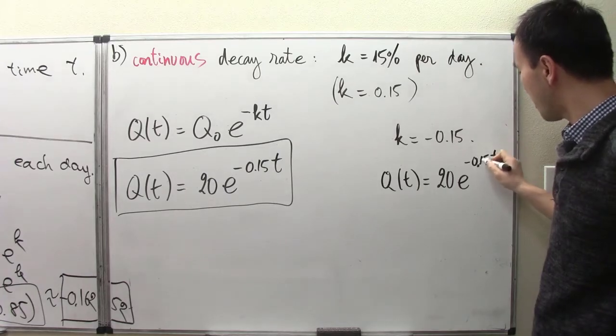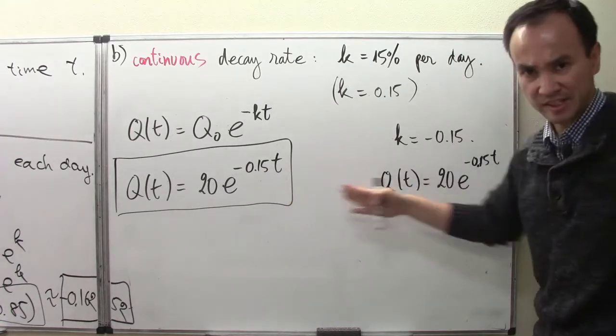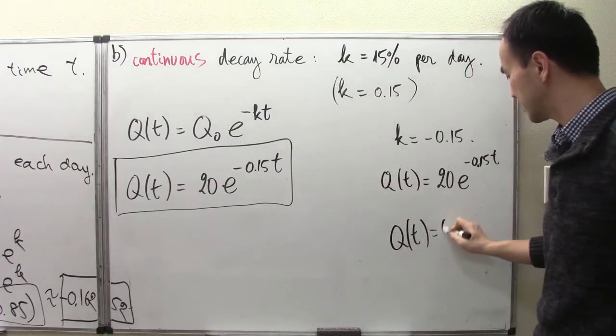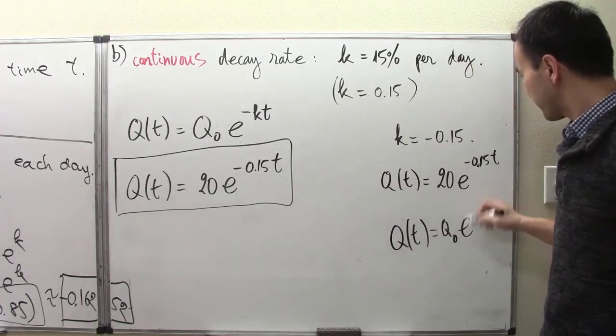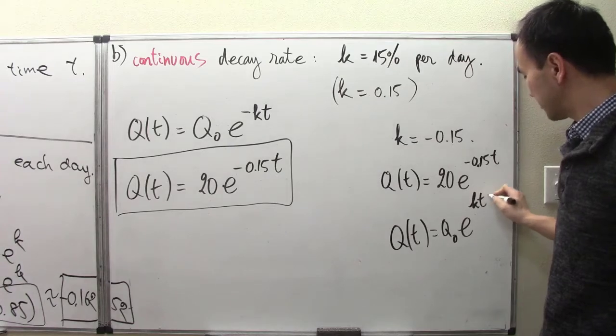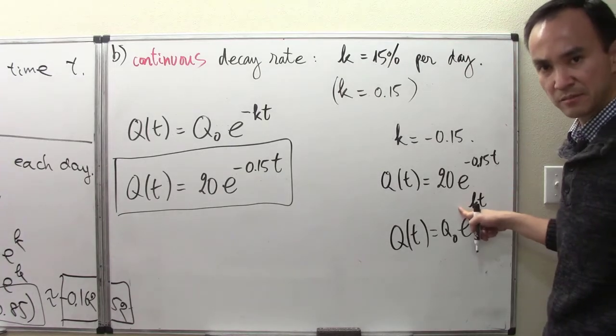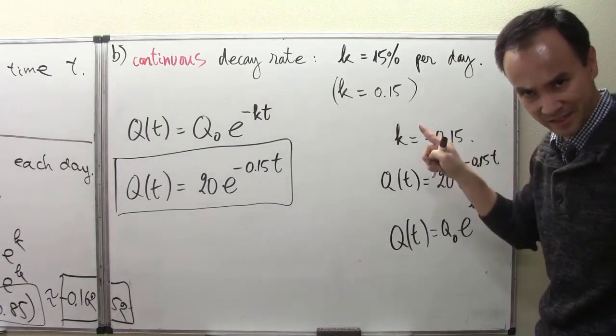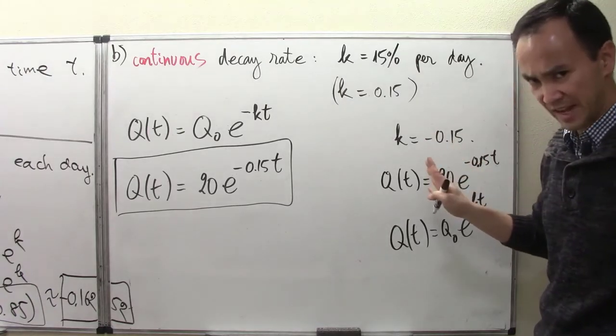Once you put all the numbers together, it's exactly the same. Generally speaking, it's Q sub 0 times e to the kt, skipping the negative sign when you already wrote your k as a negative. So just be careful with that. That's the only thing.